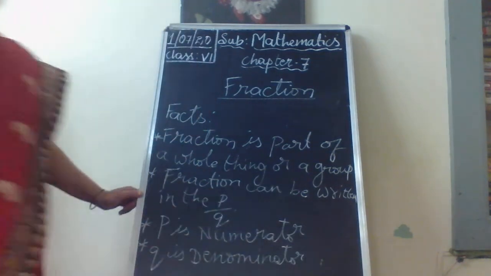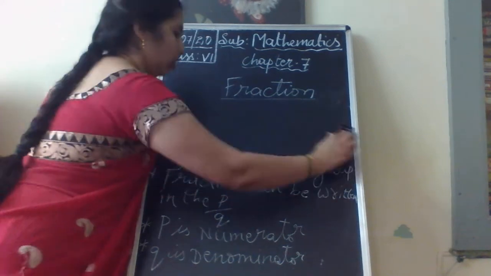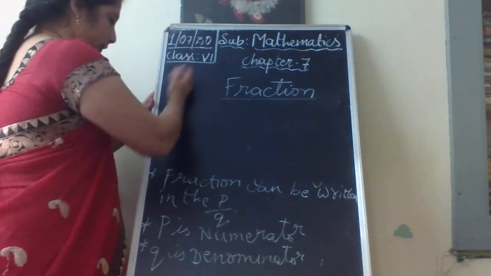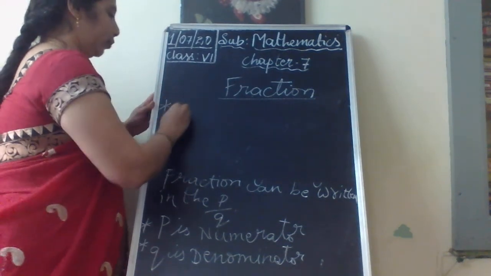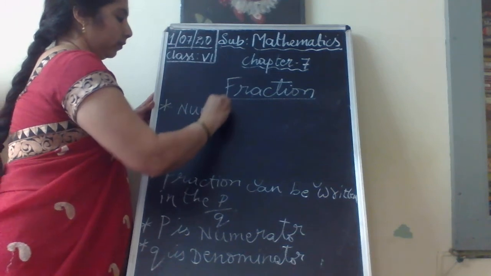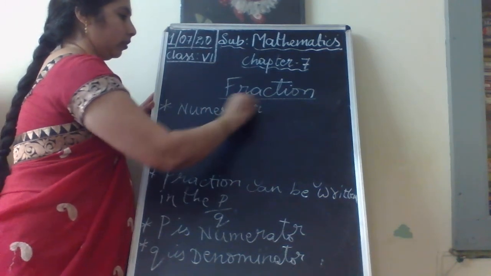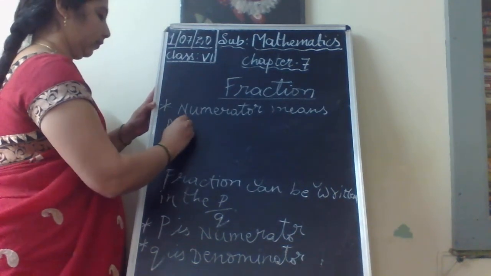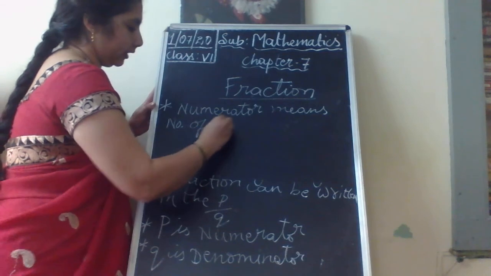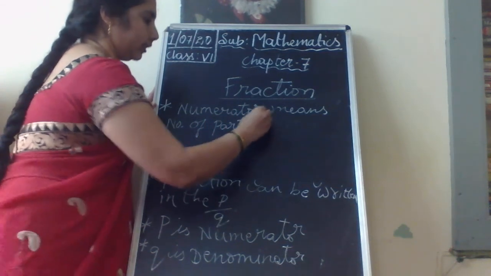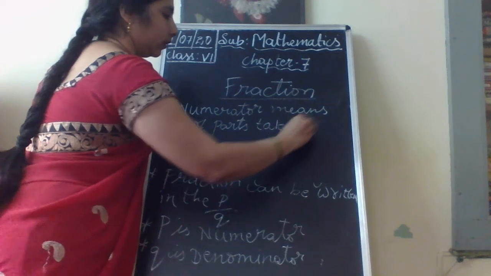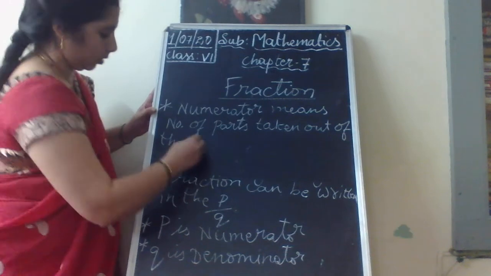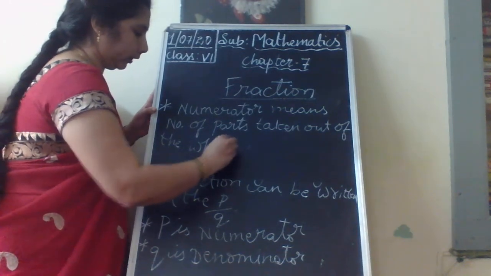Write down: numerator means the number of equal parts chosen or taken out of the whole thing.